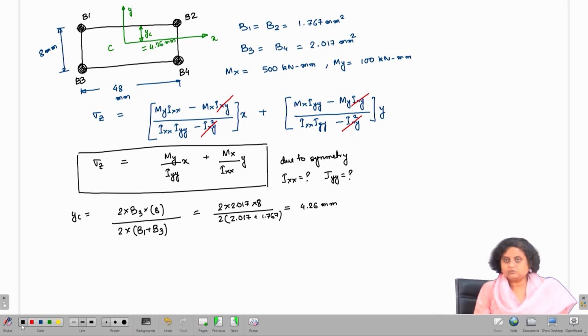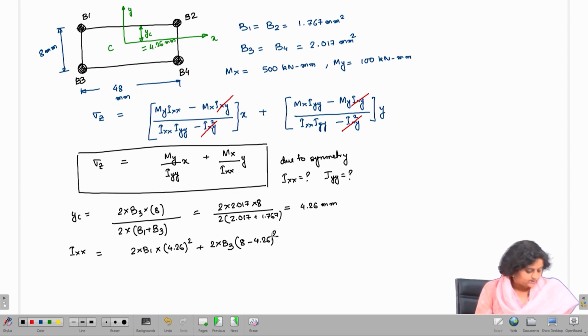Now, once we have found this out, we can find out Ixx. Ixx is going to be 2 into B1 into 4.26 whole square plus 2 into B3 into 8 minus 4.26 whole square. So, let me substitute this.